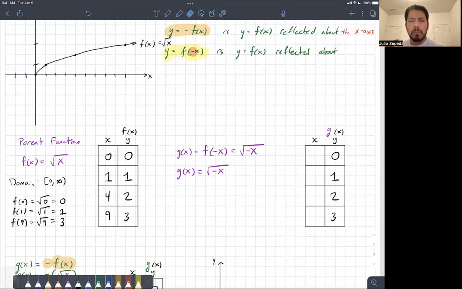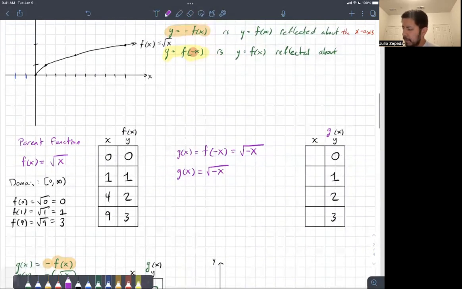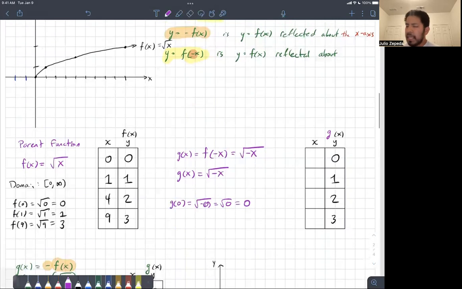So we need to figure out, what do we need to plug in to get these 4 output values, 0, 1, 2, and 3? Well, for 0, that's easy, because you can still just plug in 0, and the square root of the opposite of 0 is equal to the square root of 0, which is 0. But how do we get 1 as an output value?